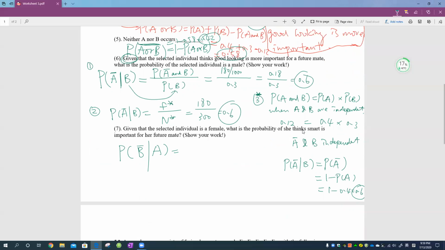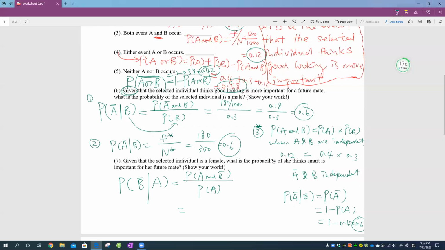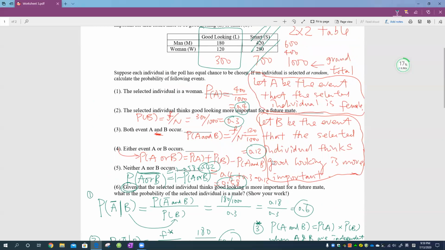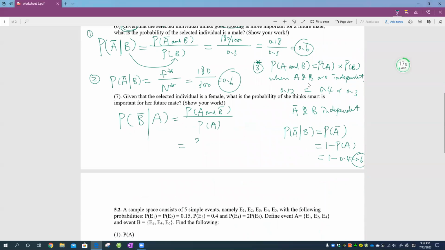We can write that as the probability of A and B bar, by the formula, divided by the probability of A. A means female and B bar means smart is more important, so female who thinks smart is more important. We have a count of 280, so the F is 280 divided by N, 1000. So we finish calculating the probability of A and B bar.